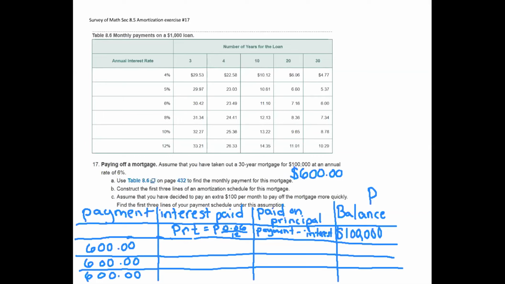That's 3 monthly payments of $600 toward our mortgage, right?